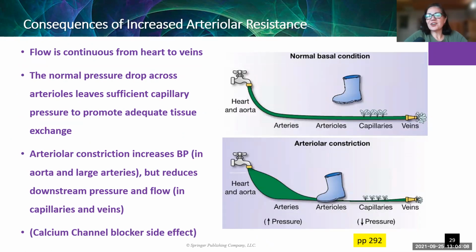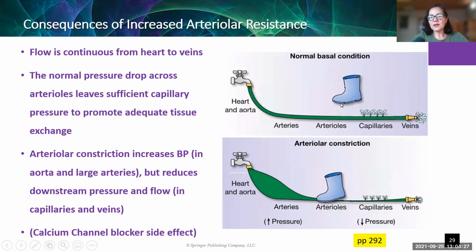Consequence of increased arteriolar resistance. I like this analogy. This is from our textbook. So if the beginning of the hose is coming out of the heart and the aorta, and then we get further along, we're going in the arteries, and then we've got the capillaries here.